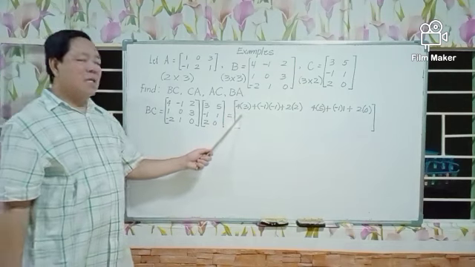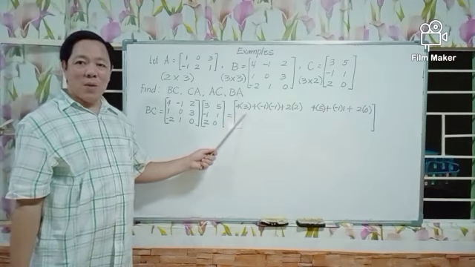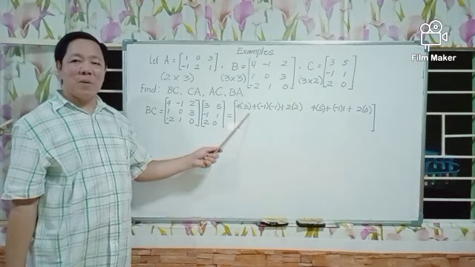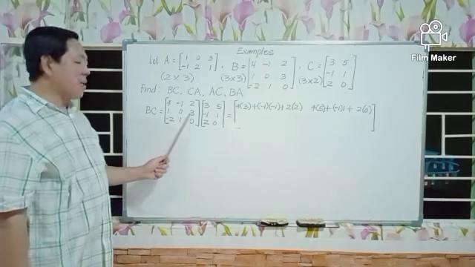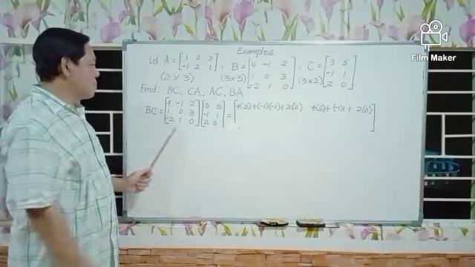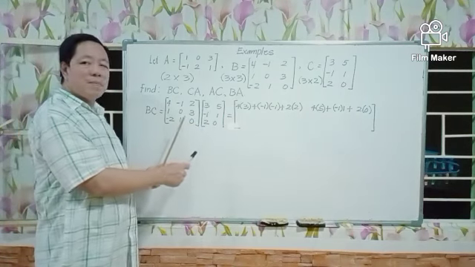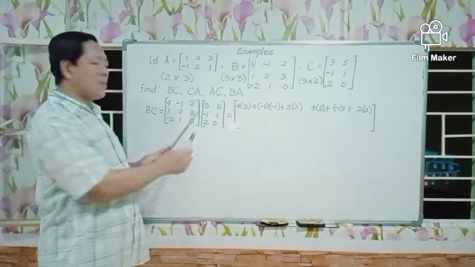The entry in the second row and first column is obtained by multiplying the entries of the second row of the first matrix by the first column of the second matrix. 1 by 3 plus 0 multiplied by negative 1 plus 3 multiplied by 2.